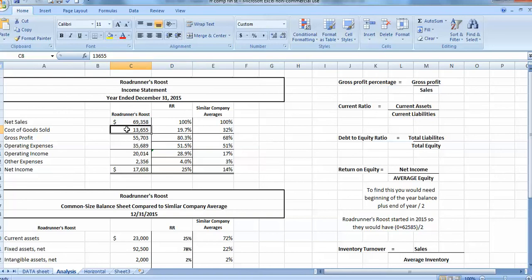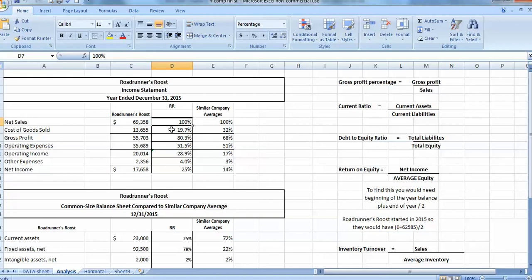In the case of the cost of the goods we sold, we divide it into sales, and that gives us 19.7%. In other words, for every dollar in sales, the cost of our goods was 19.7 cents, 19.7% of every dollar of sales.